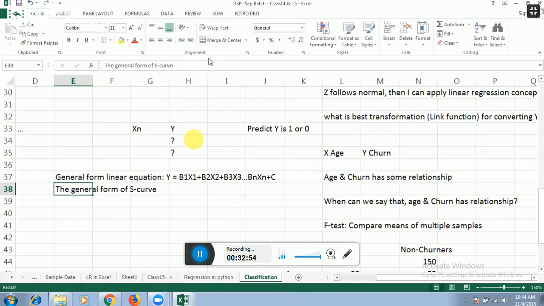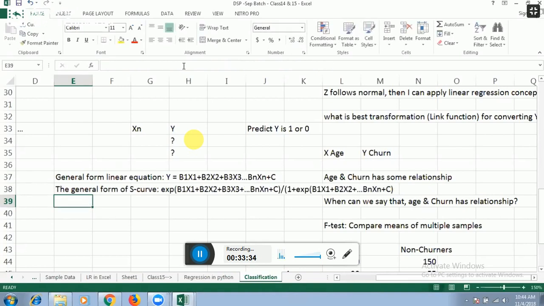And the general form of the S curve is basically what? Exponential of beta 1 x1 plus beta 2 x2 plus beta 3 x3 plus and so on, beta n xn plus constant, divided by 1 plus exponential of beta 1 x1 plus beta 2 x2 plus and so on, beta n xn plus constant.